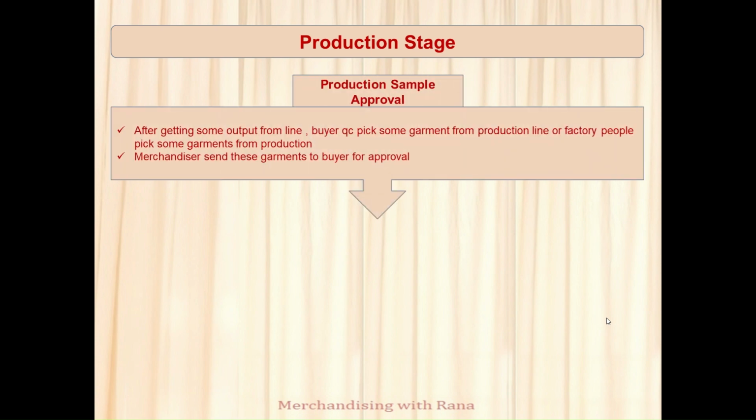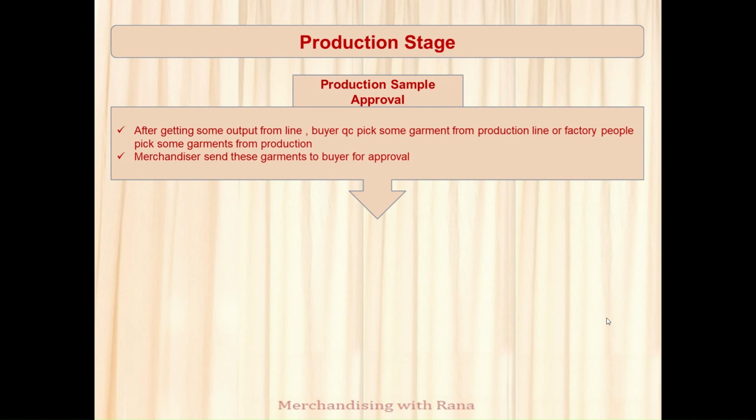Production sample approval. Once there is some output from the production line, buyer QC or my production team, or actually our GPQ, will pick some garments from production randomly and send them to the buyer. As a merchandiser, I can coordinate this sample and send it to the buyer for approval. Sometimes it is made from the sample room, but it is not the SOP actually. So the buyer will check this production sample against the PP sample to see if it is correct or not.